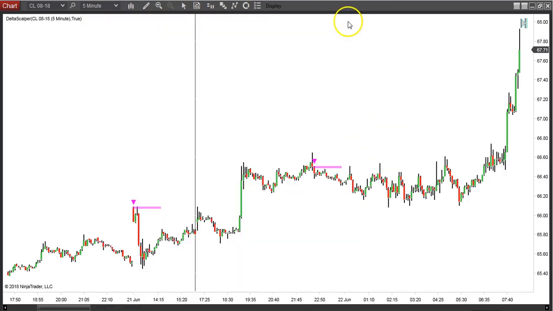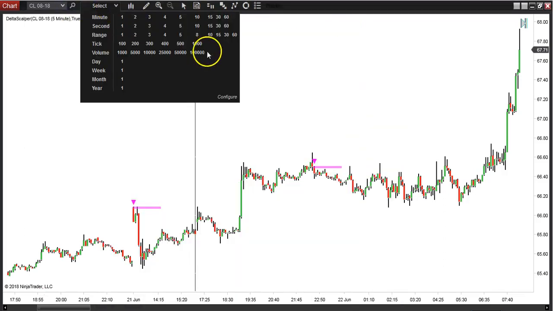Now, again, when it comes down to range-based charts, people say, well, what's the best range-based chart to use? Most people are familiar with minute-based charts. Should I use a 1-minute chart, a 5-minute chart? Again, when you're dealing with range-based charts, 5 range, 8 range, 10 range. For most markets, I stick to either a 4 range or 5 range, like on E-mini S&Ps and grains.